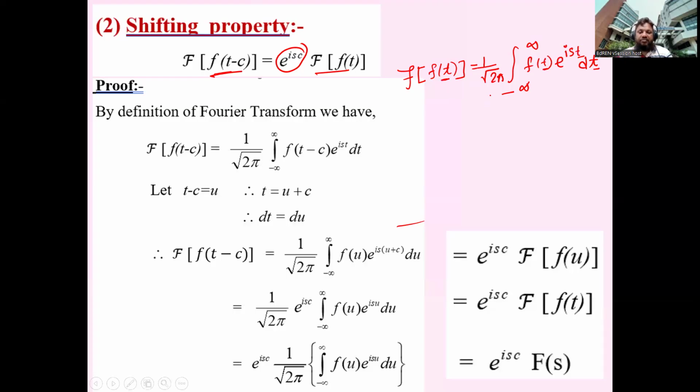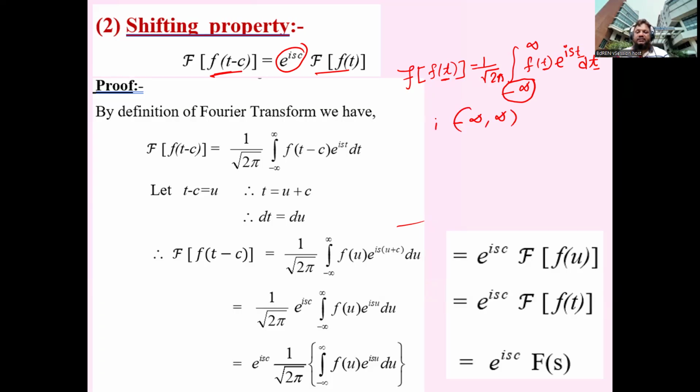So the variable does not matter here, but keep in mind that in Laplace transform, the lower limit is zero. In Fourier transform, the lower limit is negative infinity. And the function is defined on the whole real line from negative infinity to positive infinity, right?